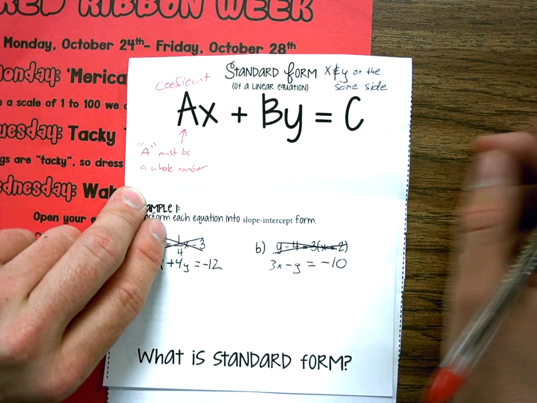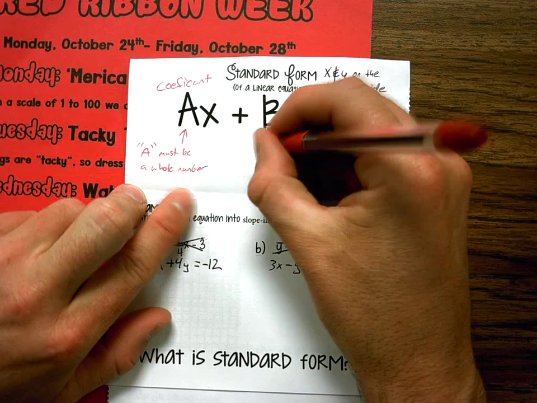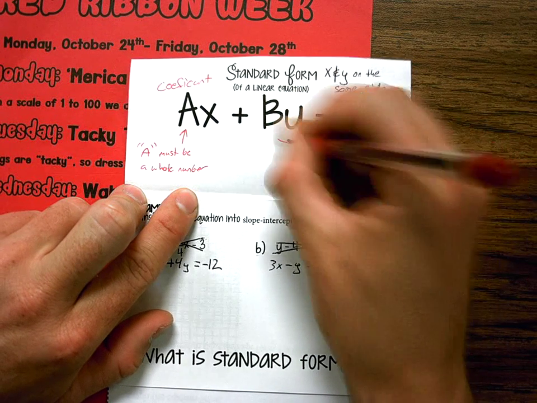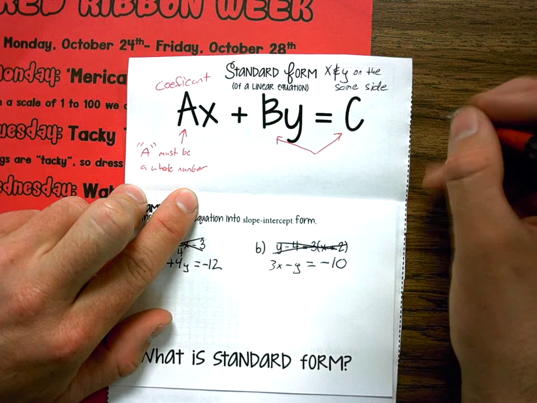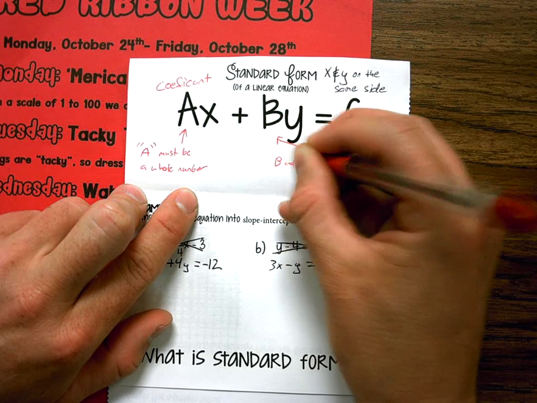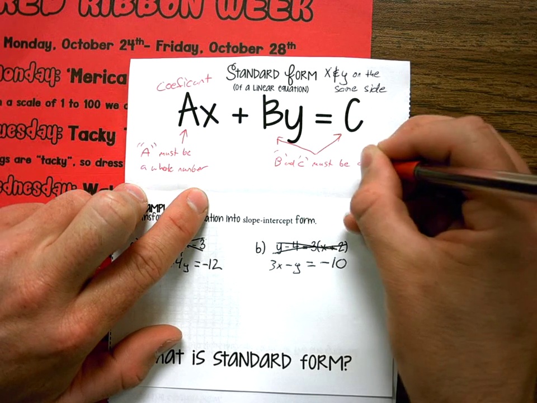No fractions, no decimals, a whole number. B and C must be an integer.